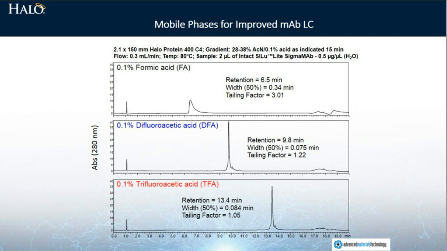And this is shown on the top panel. Comparatively, difluoroacetic acid with a much lower pKa and trifluoroacetic acid, again, with a much lower pKa, better supports good peak shape for intact monoclonal antibody separations. You'll also note, comparing DFA and TFA, that the peak widths are similar. The tailing factors are not terribly different. So in other words, they're substitutable acids.